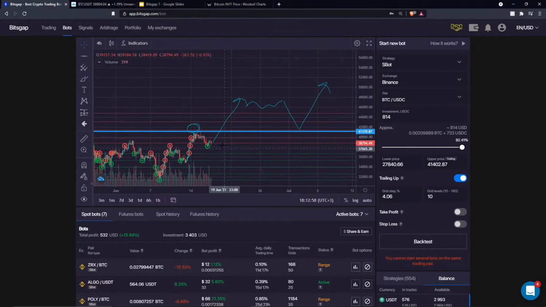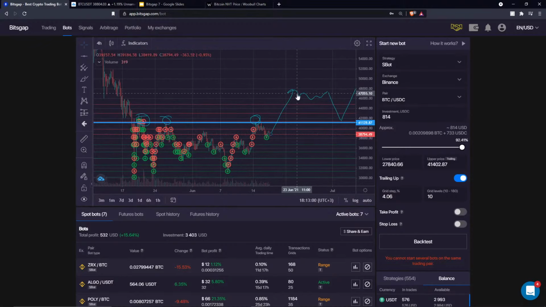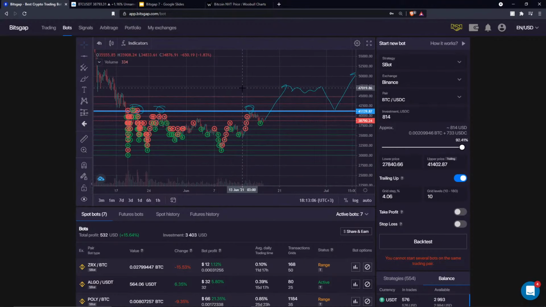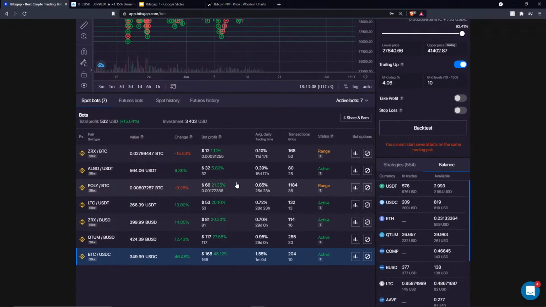So when you see this kind of scenario of the price breaching very aggressively this price level of 41k, in that case, this is the time for me to reconsider these strategies.